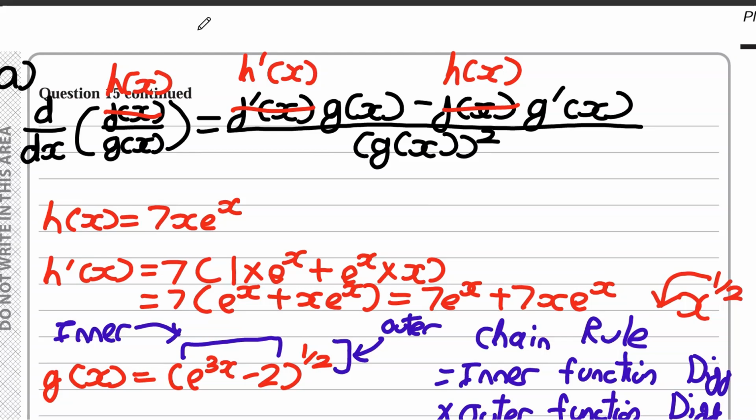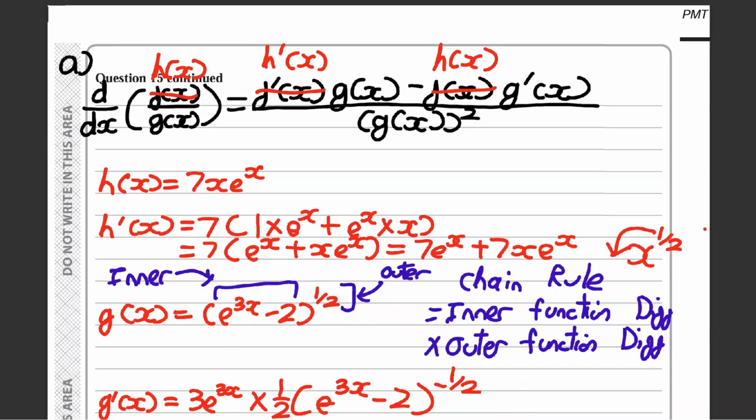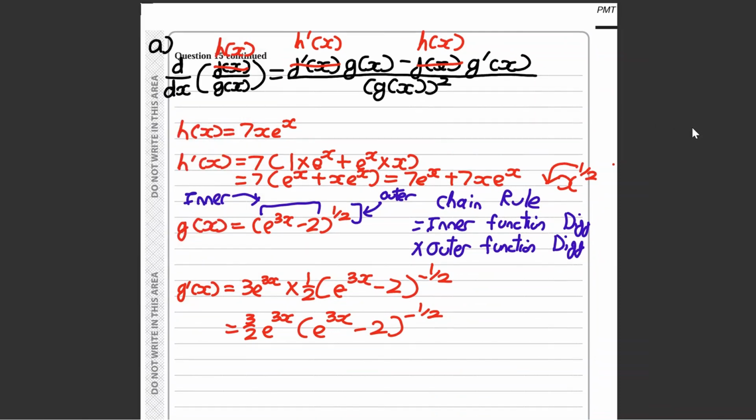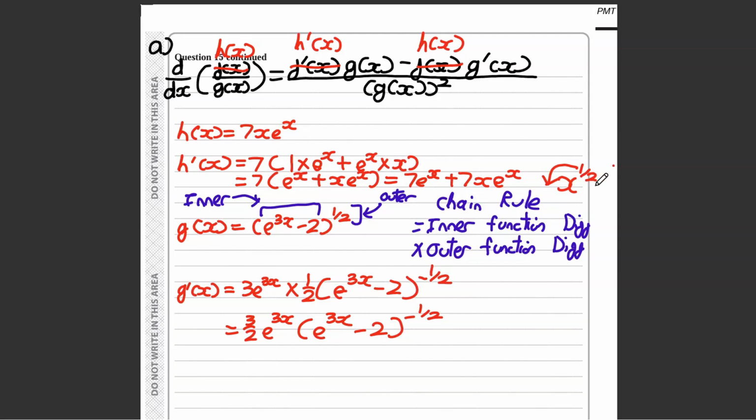So therefore, the quotient rule here is going to be, f dash of x is equal to h dash of x, which is this 7e to the power of x plus 7x e to the power of x.